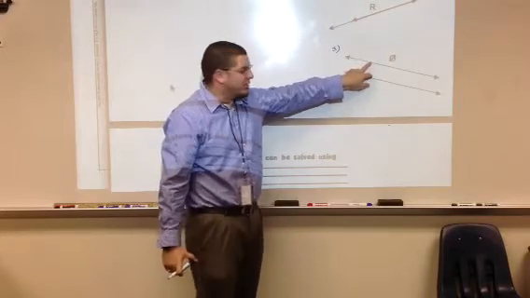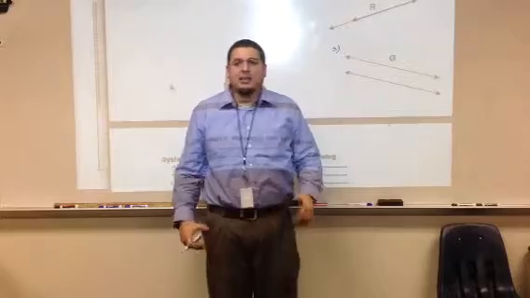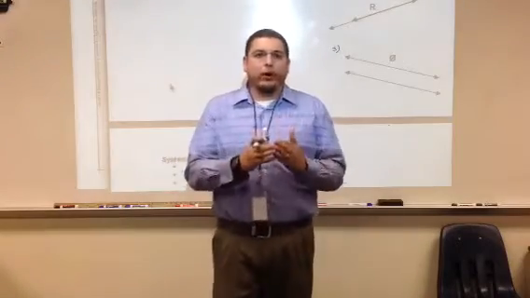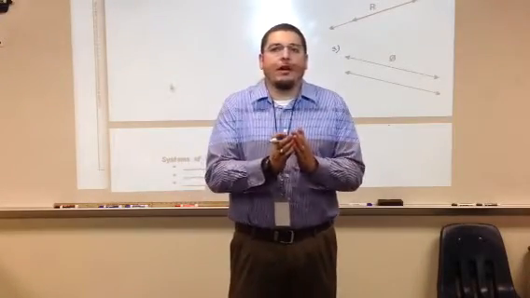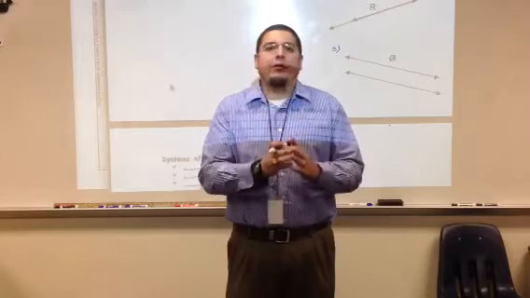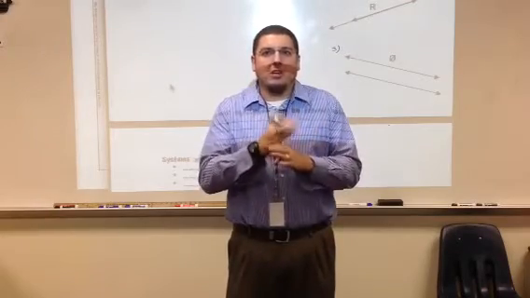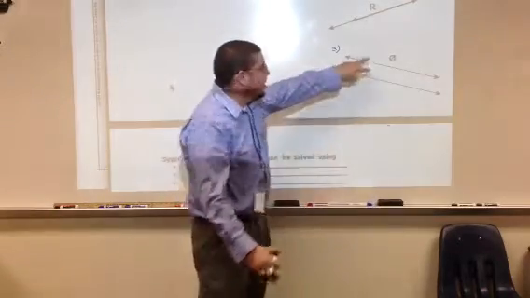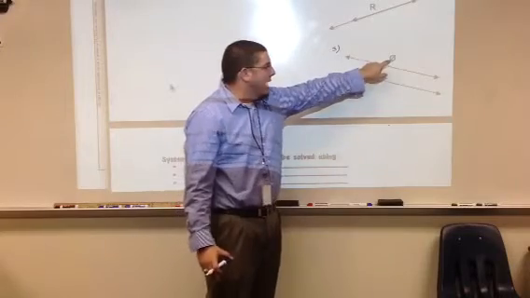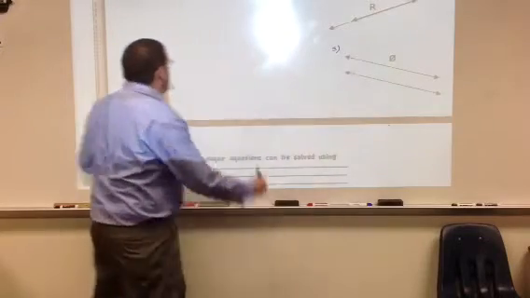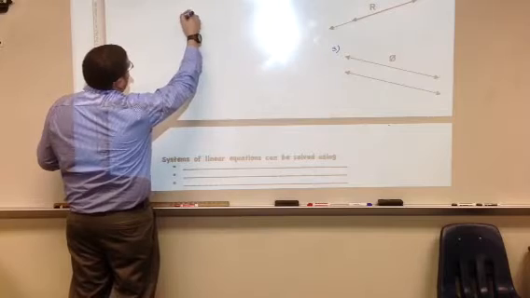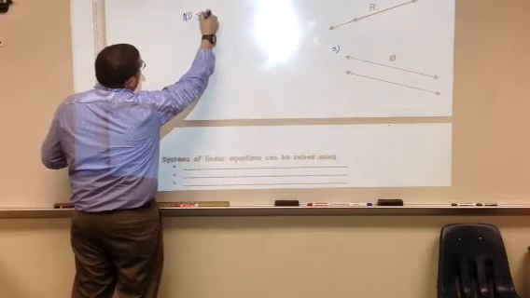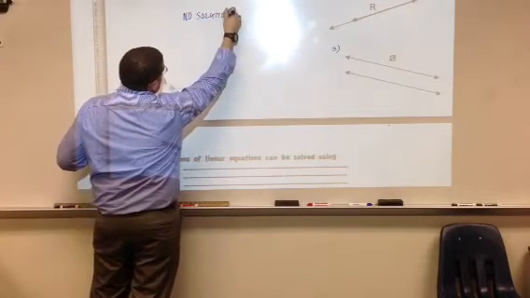If they're parallel and they never intersect, there is no solution. Remember, our solution to systems of equations is where the graphs cross each other, where they share the same point. In this case, they will never share the same point, so you have no solution. So finally, the third option is no solution.